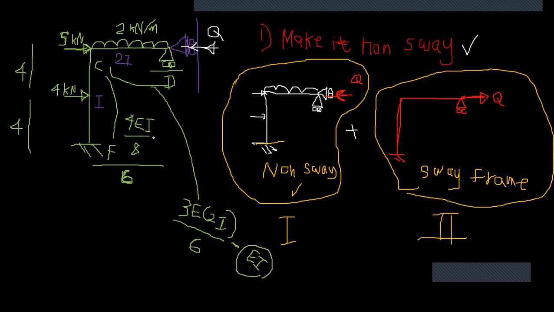This is going to be just 0.5 EI. Right, 0.5 EI and EI.